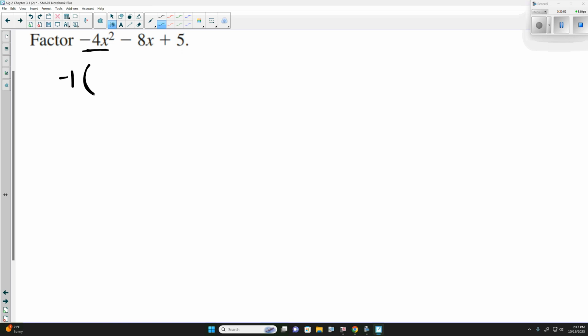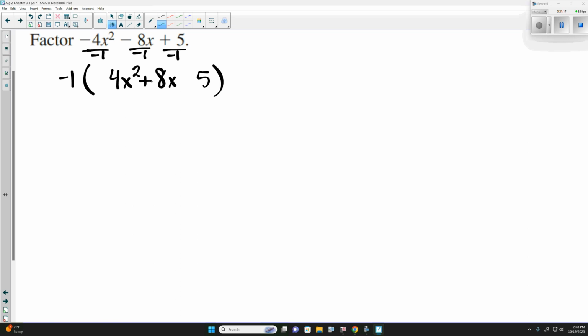And what we'll do is we will divide or factor a negative 1 out of every single term. Now the 4x squared will still be there. Our 8x will still be there, and the 5 will still be there. But when I divide the negative 4 by negative 1, it becomes positive 4. When I divide negative 8 by negative 1, it becomes positive 8.